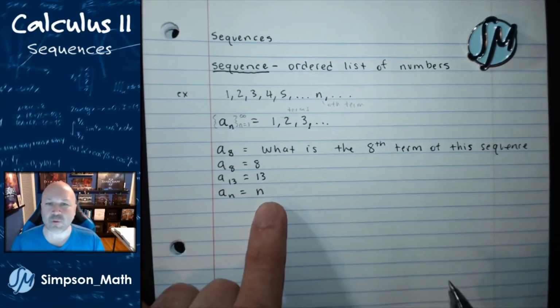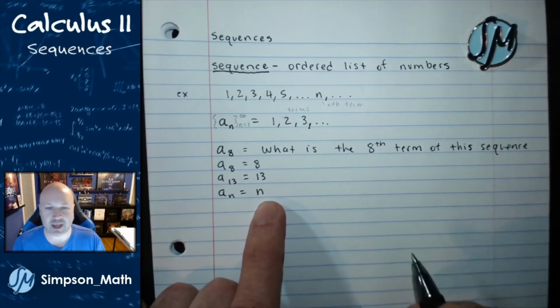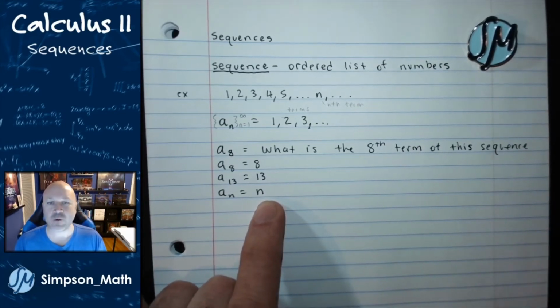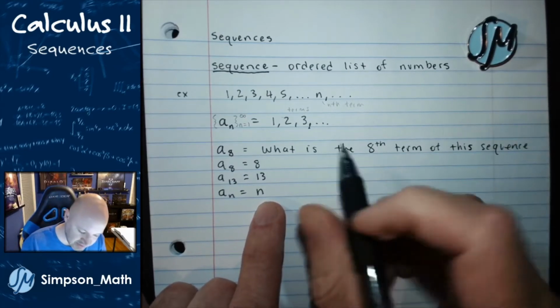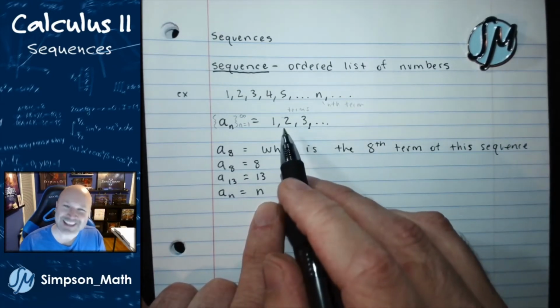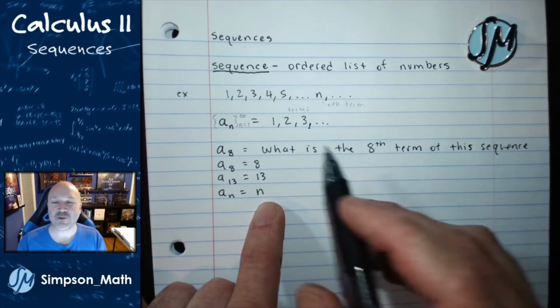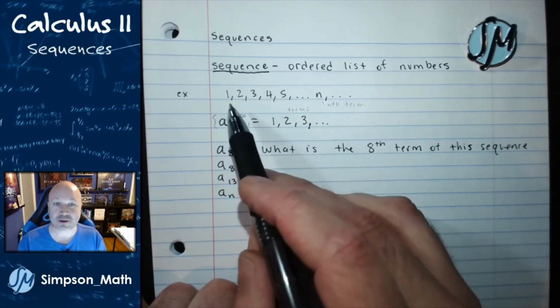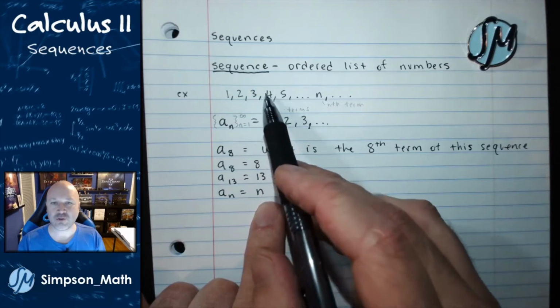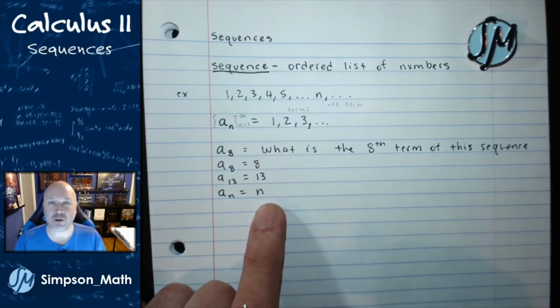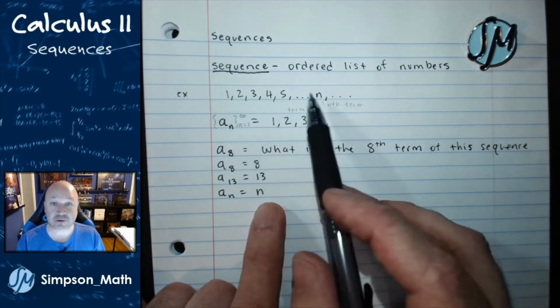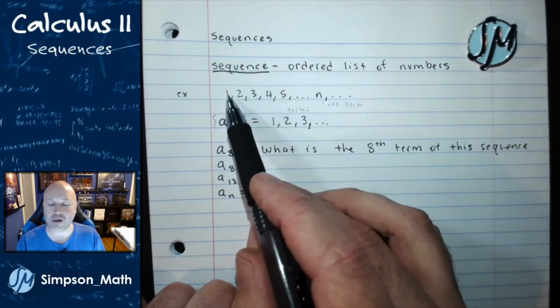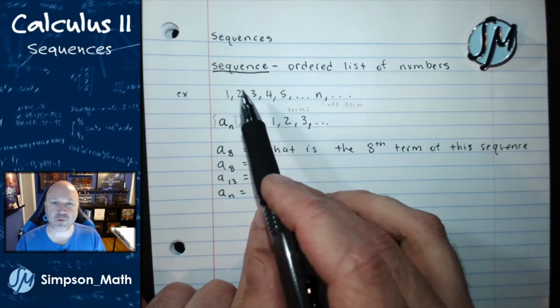Now, we're using n on purpose here. Not k, not p, not x, anything like that. We're using n as in the natural numbers. This sequence that we were just discussing, those are the natural numbers. It starts with 1, and then it's 2, 3, 4, 5. So remember earlier I was talking about continuous versus discrete. This is discrete because we're not including all of the infinite numbers between 1 and 2.